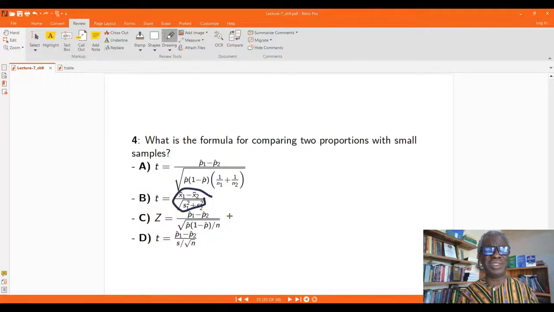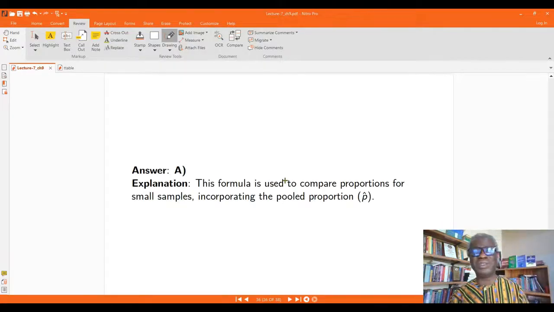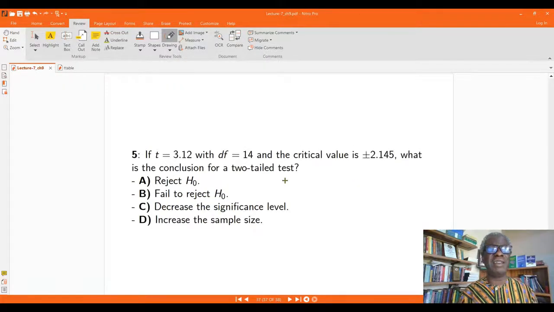Again, if you look at this, this is also not, since you are comparing two. So the correct answer is A. This formula is the one used to compare proportions for small samples, which incorporates the pooled proportion.